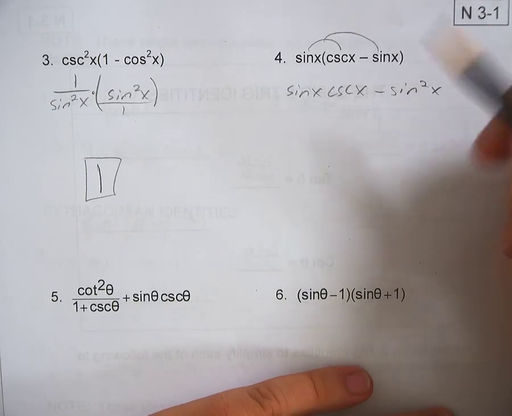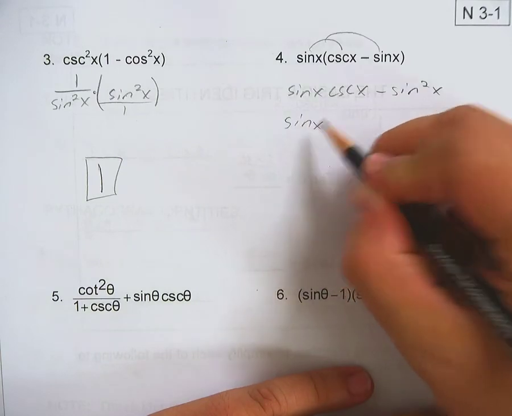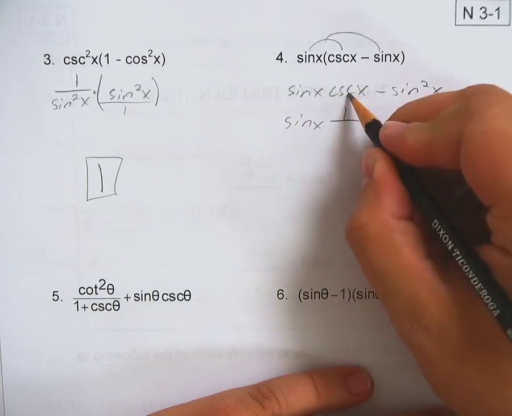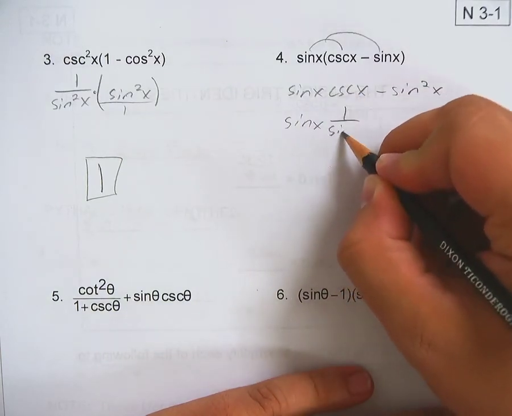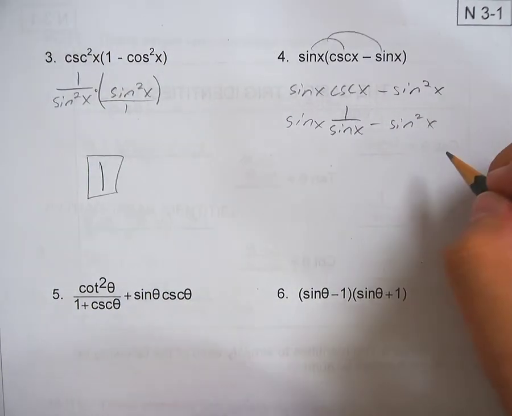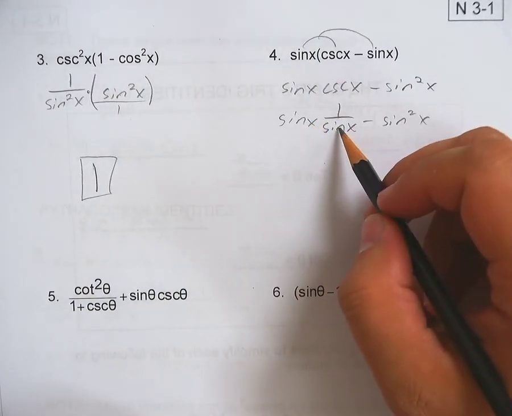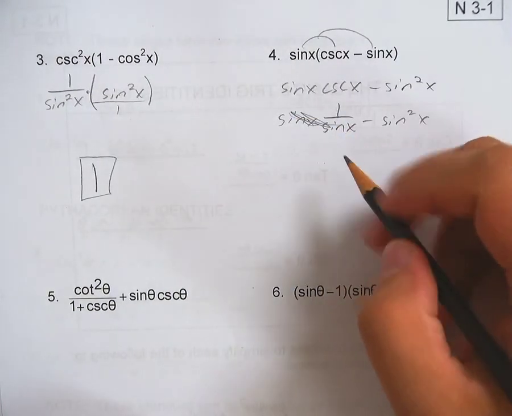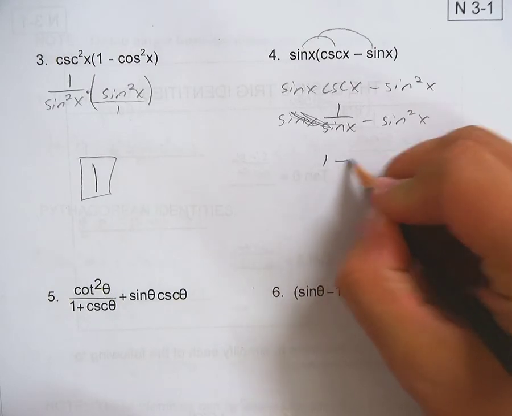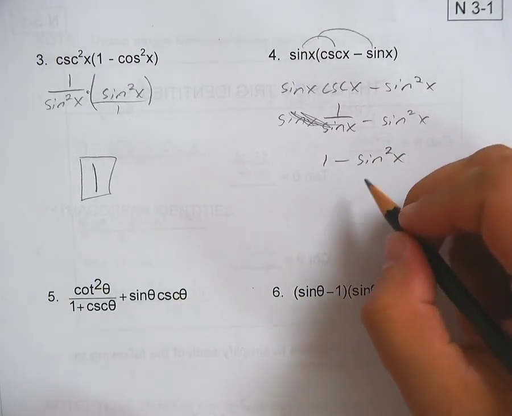Okay, now let's convert some stuff. Sine x, 1 over sine x, minus sine squared x. Well, what's sine x times 1 over sine x? That whole thing is just 1. 1 minus sine squared x. Wait a second.